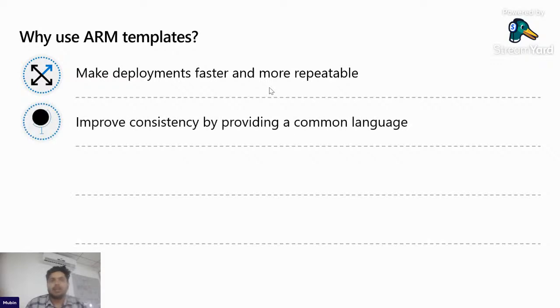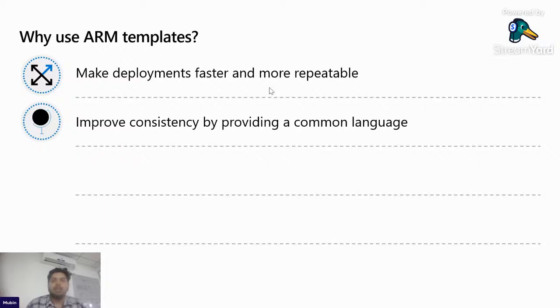The second point is that it improves consistency by providing a kind of common language. What this point tries to explain is that if you have a team of 5 people, let's say, and you are all provisioning something and segregating the work. For example, person A looks after provisioning of the virtual machine, and person B looks after the networking part.